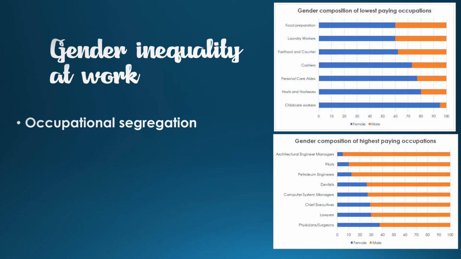So if you take a look at this data from the BLS, or the Bureau of Labor Statistics, the top chart illustrates the gender composition of the lowest paying occupations. So these are some of the lowest paid jobs in the United States: childcare workers, hosts and hostesses, personal care aides, cashiers, fast food and counter workers, laundry workers, and food preparation. And as you can see, here the blue lines represent women.